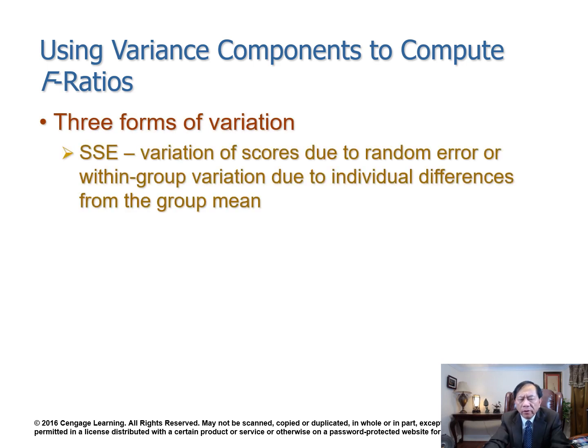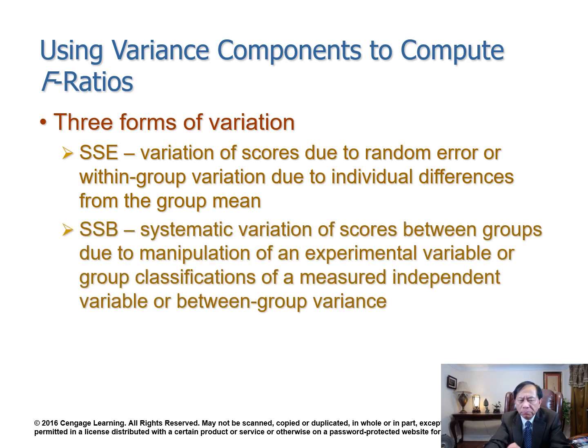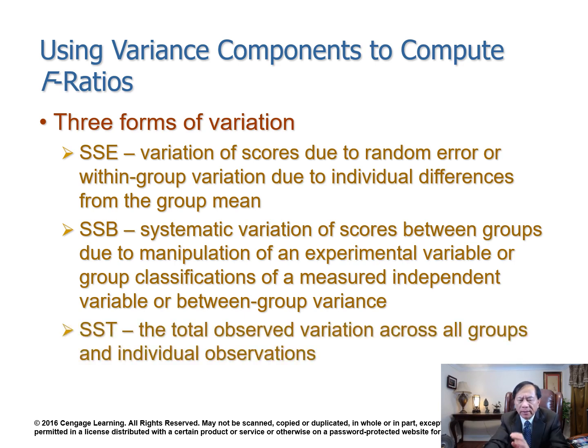Using variance components to compute the F ratios, there are 3 forms of variance. There's the SSE, the variance in the scores due to random error, the sum of squares error. There's the SSB, the systematic variation between groups, and the SST, the total observed variation across all groups and individual observations, with the grand mean from individuals. That's SST.